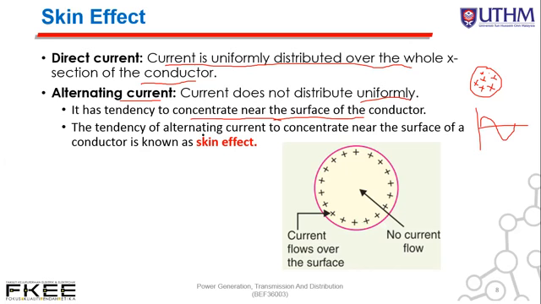The tendency of alternating current to concentrate near the surface of a conductor is known as the skin effect. From this figure, in the cross-section of the conductor, for the alternating current case, current flows over the surface while no current flows in the middle. This is what we call the skin effect.